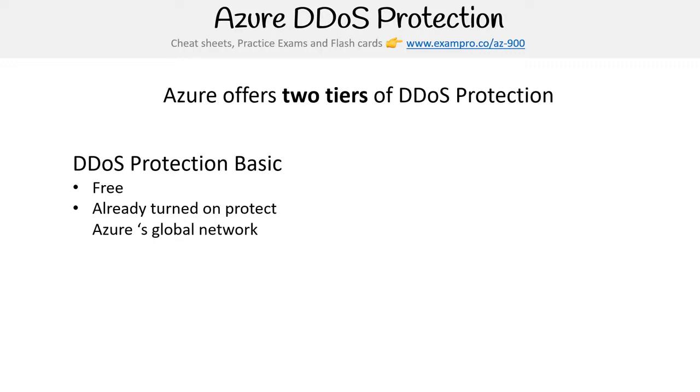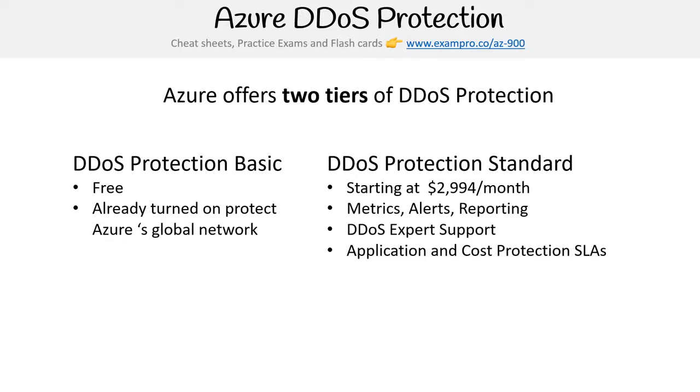If you need something more advanced because the attacks are extremely more complex and you need more visibility and you need professional support, there's the DDoS protection standard plan. So that starts at $2,944. You might say that's high, but trust me, I've experienced DDoSing. And when you are DDoSed, you're willing to pay that amount and it works right away.